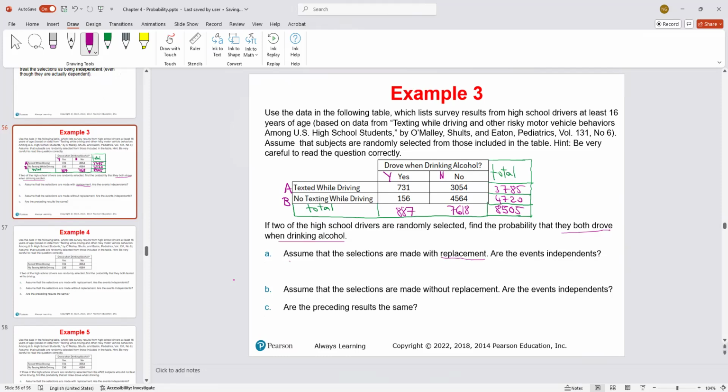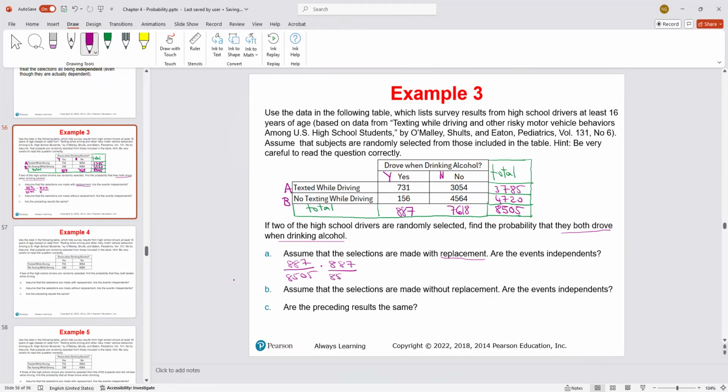That means you're going to have 7 over the total, 8505. Now, the second one, because you do replacement, you take the second one also.